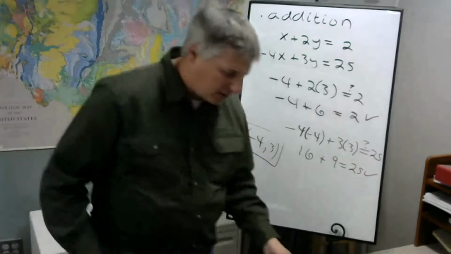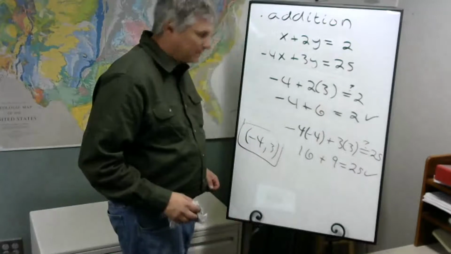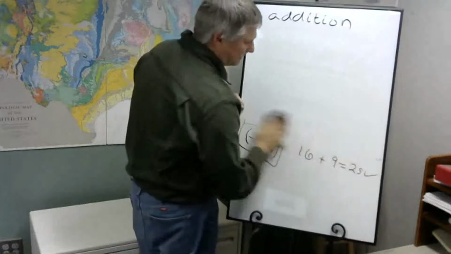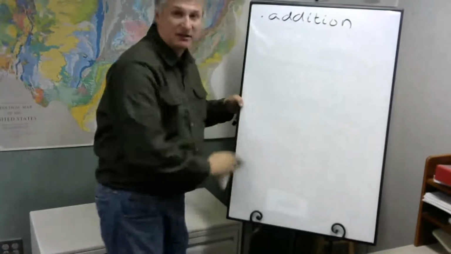Another type of addition problem you could get, we might have to multiply both equations by a first number and then a second number. So let's say we have something like this.